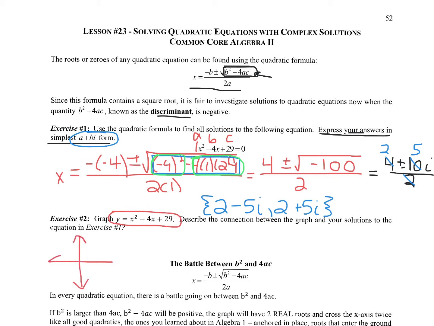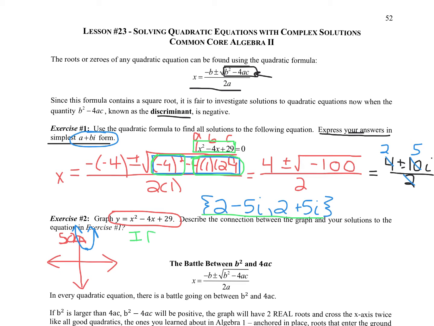But if I moved my y values up all the way to 50, let's say, we would see that the quadratic is somewhere in here, and that minimum value is above 20. So you just have to change your window, it is there. We see that when we have these complex solutions, if we graph this quadratic, it's not going to cross the x-axis.